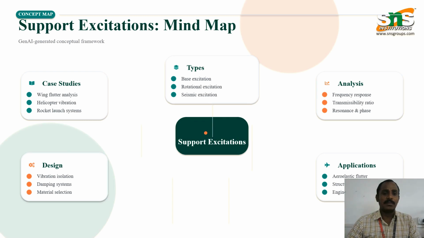Coming to the mind map of this entire topic, it is shown here. Support excitation includes base, rotation, and seismic excitation. Analysis involves studying frequency response, transmissibility ratio, resonance, and phase relationship. Applications extend to aeroelastic flutter, structural control systems, and engine mounting mechanisms. Design considerations include vibration isolators, damping technology, and material selection for vibration reduction.